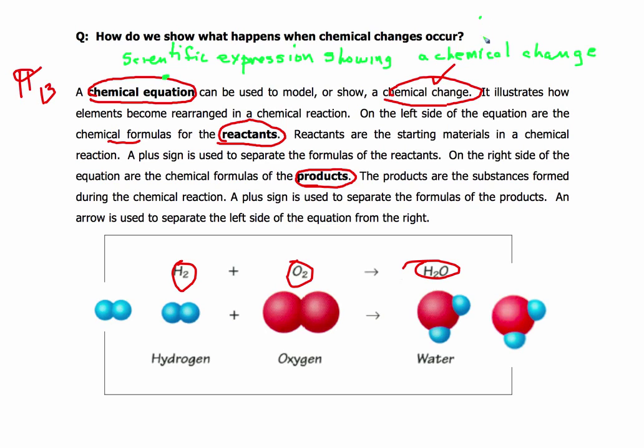Okay, and another way to think about this is it's a reaction. Reaction between two or more chemicals. Okay, so a chemical equation can be used to model or show a chemical change. It illustrates how elements become rearranged.